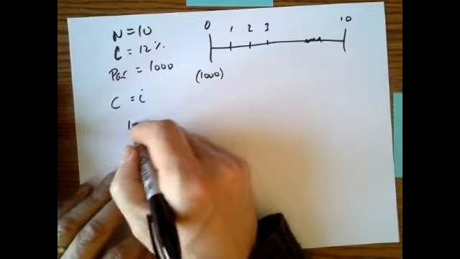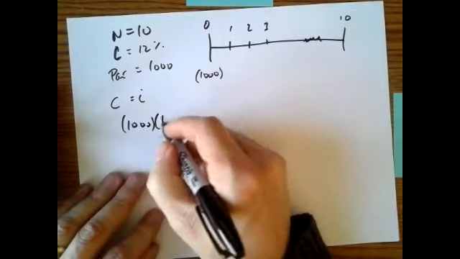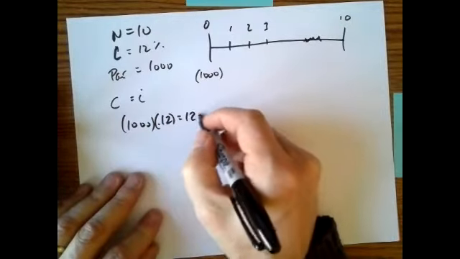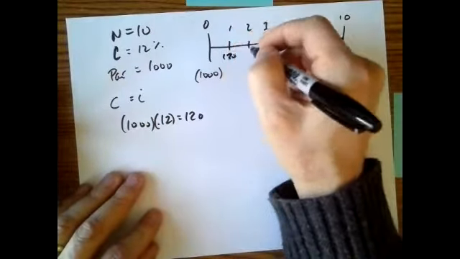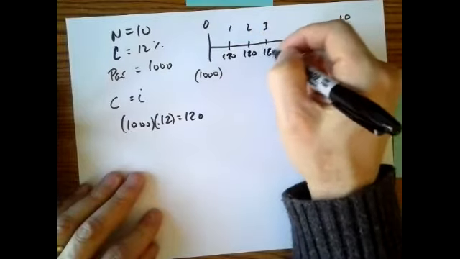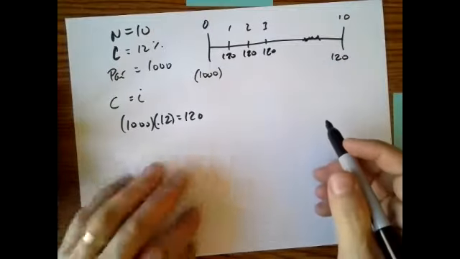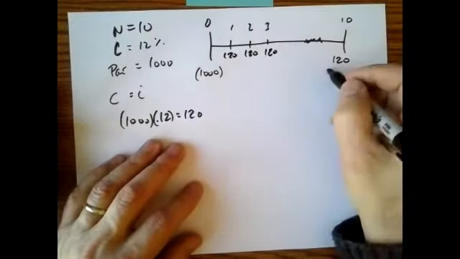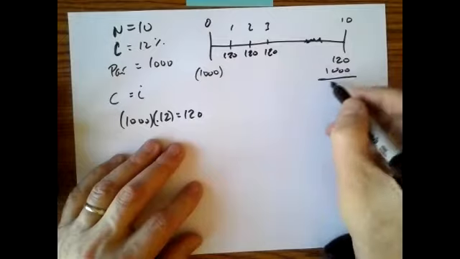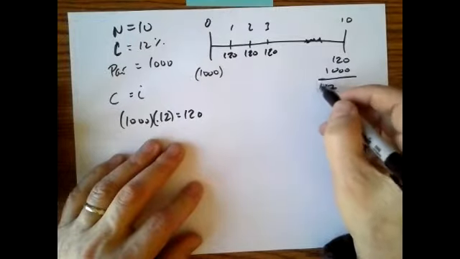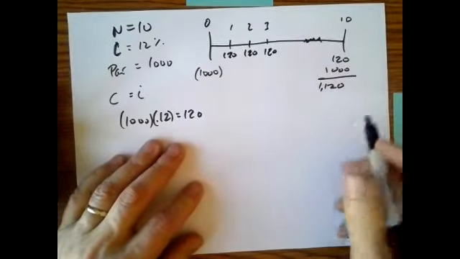So that's 1,000 times 0.12, which is 120. You'd get 120, 120, 120, on and on until you get to year 10, at which point you'd get 120 plus the par value back, so a total of $1,120 on the last payment.